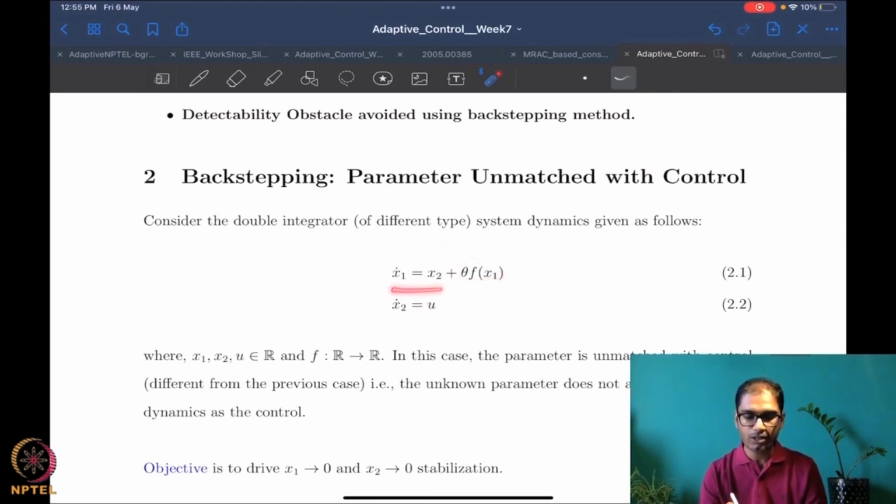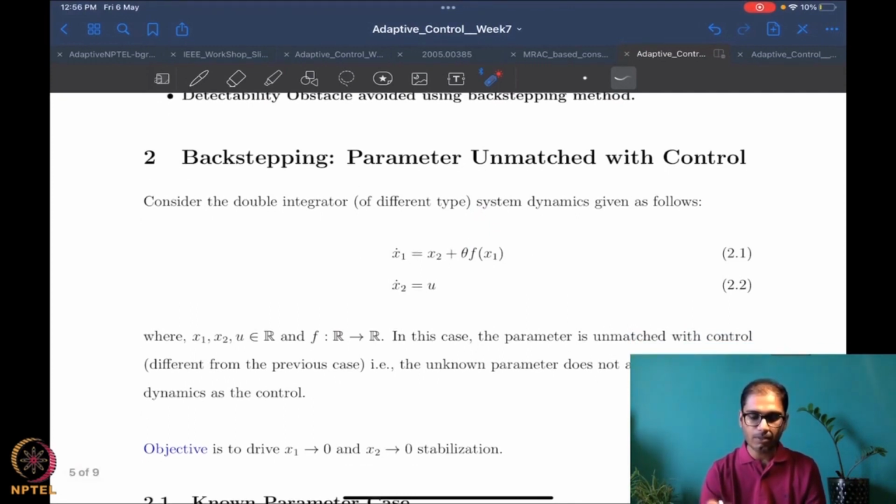We still have x1 dot is x2, x2 dot is u, like a double integrator type system, but then you have theta f(x1) appearing in the first piece. That is, x1 dot is x2 plus theta f(x1). And this theta is, as always, denoting the unknown. That's why this is called a parameter unmatched with the control.